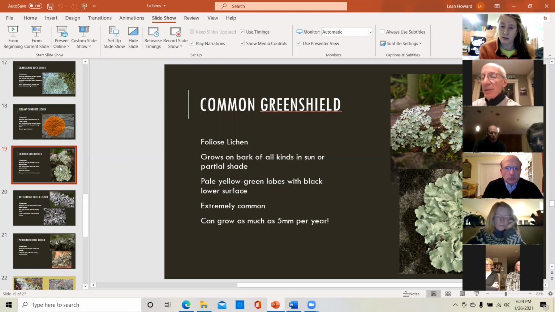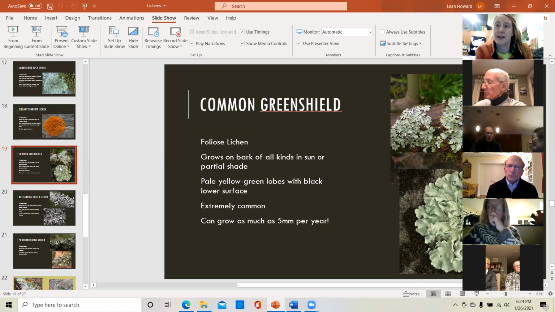Now, does it say anything about the health of the tree? Does it grow more on weak trees than on healthy ones? Yes. Their job is to break down trees, so they grow on trees that already have a compromised immune system, basically.